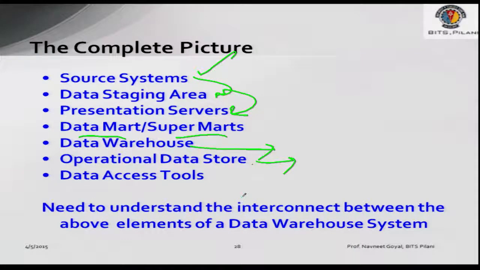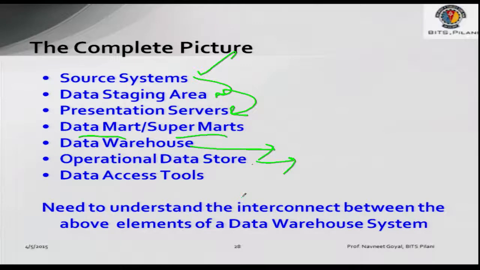It is not there typically in a conventional data warehousing environment, but some organizations develop this operational data store for a different purpose, and it can be used to feed the data warehouse. So if it is there, you use it. If it is not there, don't worry about it.